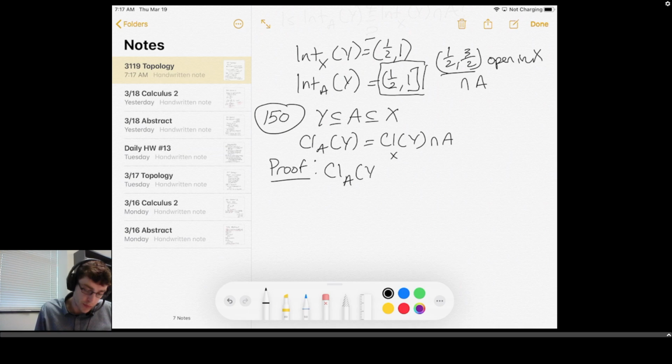So the closure of Y in A is the intersection of closed sets containing Y, but in A, right?